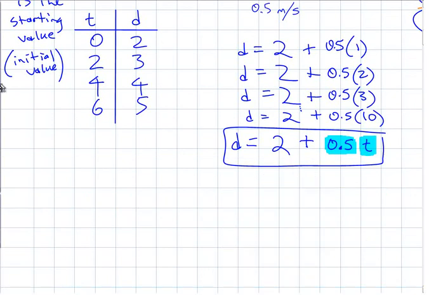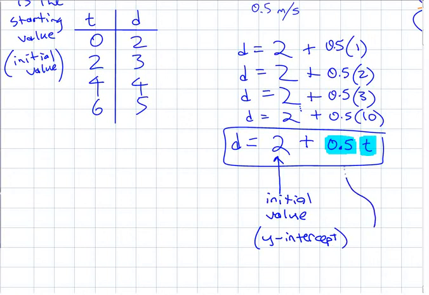You're going to find that to represent the equation of a line, you have two things. You have the initial value. I'm going to put y-intercept here even though we weren't using the word y. Y-intercept, vertical intercept, d-intercept. What did this number represent?